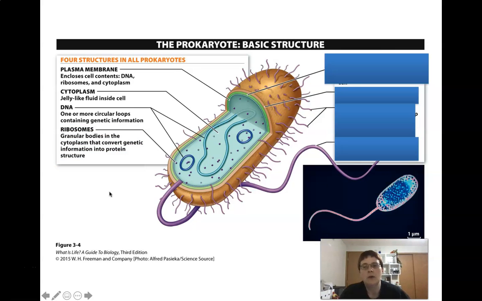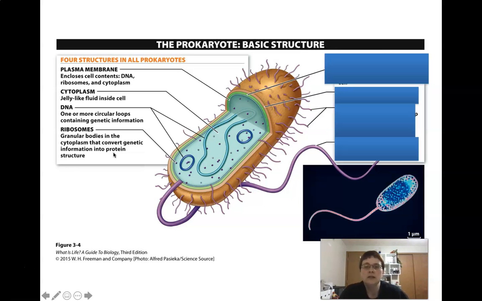And then we've got ribosomes. Ribosomes are also found in eukaryotes. We'll see they're generally found in another structure, but in prokaryotes, the ribosomes are hanging out in the cytoplasm, just kind of floating around. They're the little tiny dots. They look kind of like pepper.